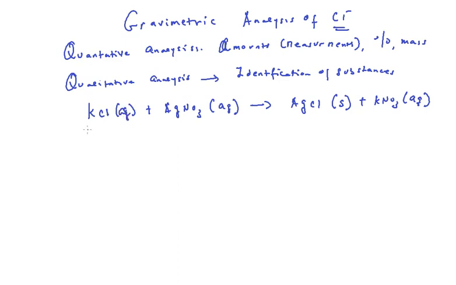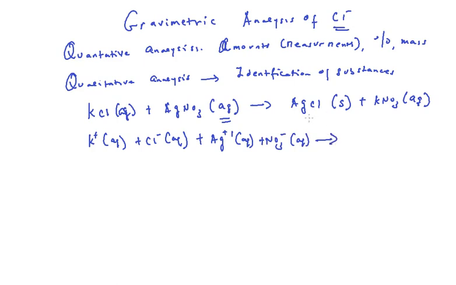When we write the ionic equation for this, we're going to have a potassium ion and a chloride ion, and the silver nitrate, since it is aqueous, is also decomposed into a silver ion and a nitrate ion. On the product side, you have silver chloride. It's not going to be decomposed.